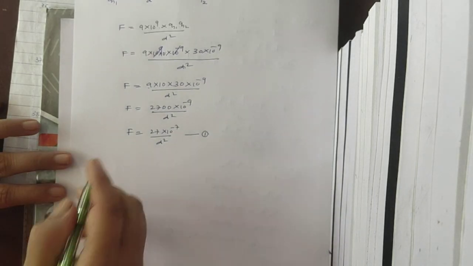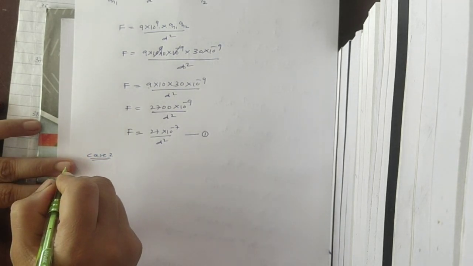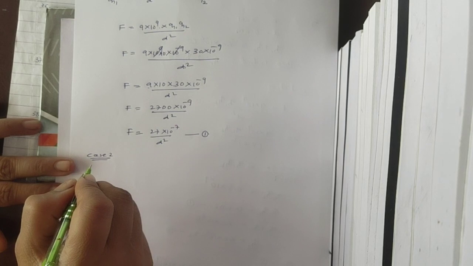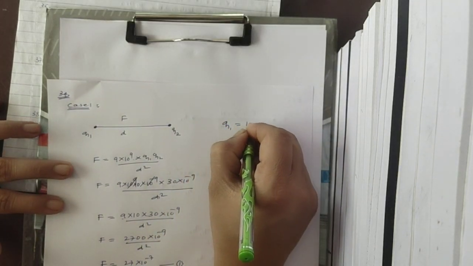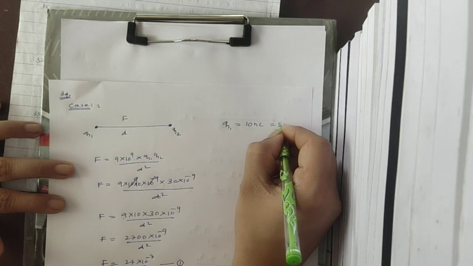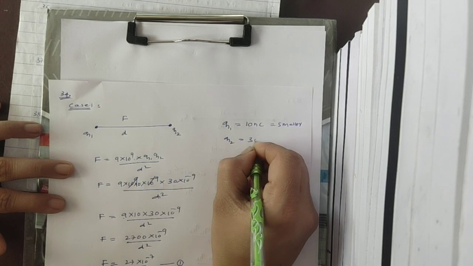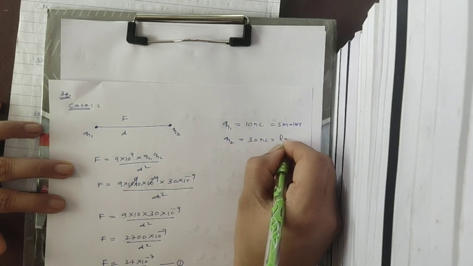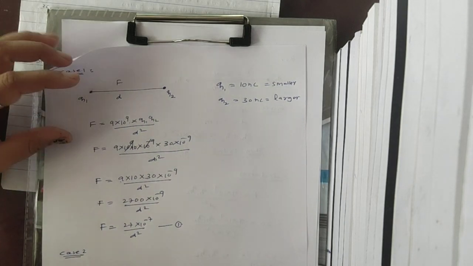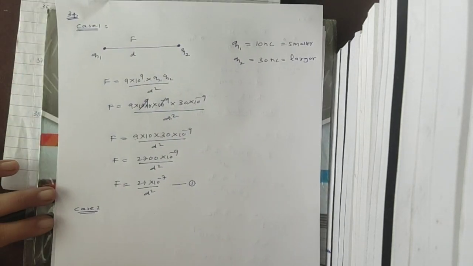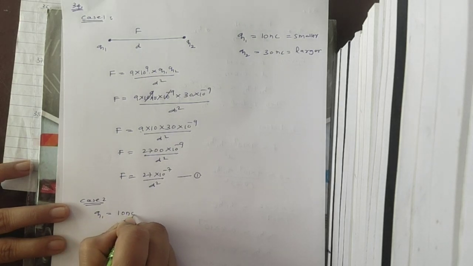Now case 2. Find the charge to be added to the larger charge. Here Q1 is 10 nanocoulomb, the smaller one. Q2 is 30 nanocoulomb, the larger charge. They asked to find the charge to be added to the larger charge. So Q1 will be as it is, 10 nanocoulomb.